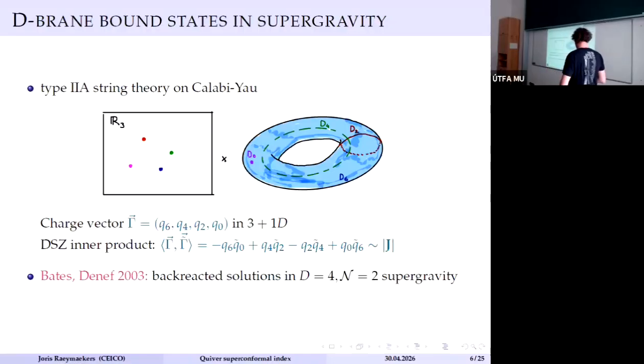Whether that's the case or not is measured by this Dirac-Schwinger-Zwanziger inner product, which basically tells you if the branes form a dyonic pair. Those branes form proper bound states with an angular momentum proportional to this inner product, hidden in the electromagnetic fields. And Denef and collaborators found the back-reacted solutions to these configurations in supergravity.